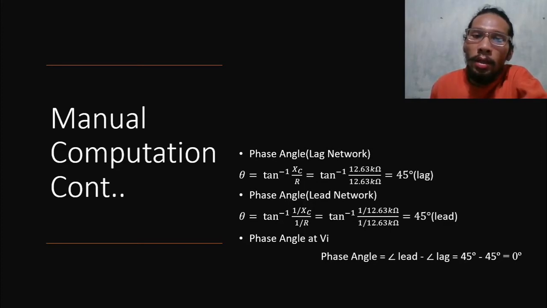So when these two networks converge at the Vin of the op-amp, this results in 0 degrees phase shift, where the phase angle is equal to the angle of the lead minus the angle of the lag, and that is 0 degrees.